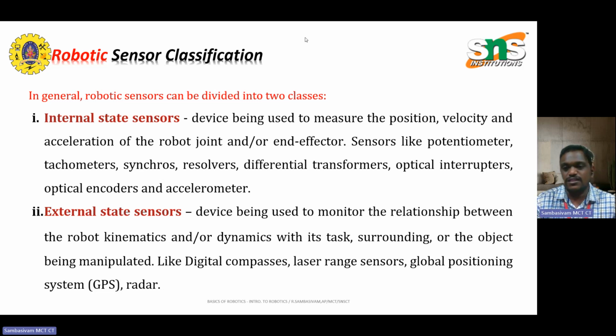To identify those, sensors like potentiometers, tachometers, synchro resolvers, differential transformers, optical encoders, or accelerometers are used to identify the position, measure the velocity, or find the exact position of the object and also the acceleration. External sensors are used to monitor the relationship between the robot kinematics or dynamics and the task surroundings of the object being manipulated, like a digital compass, GPS tracking system, and radars, which are examples of key factors used for global decision making.